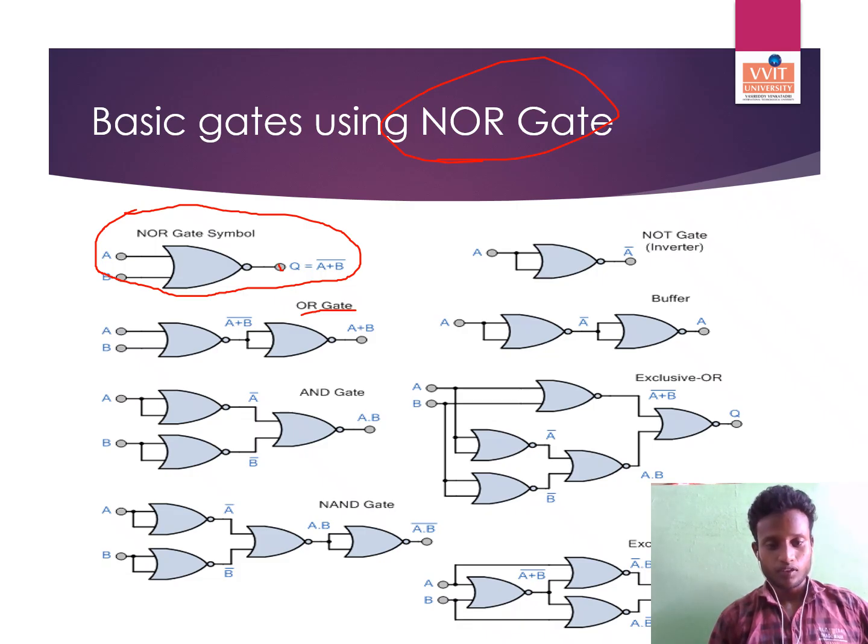For the AND gate: A output is how much? A bar. B output is how much? B bar.